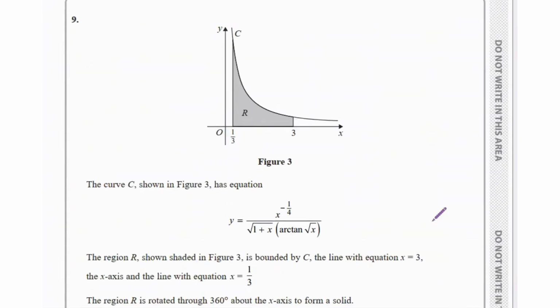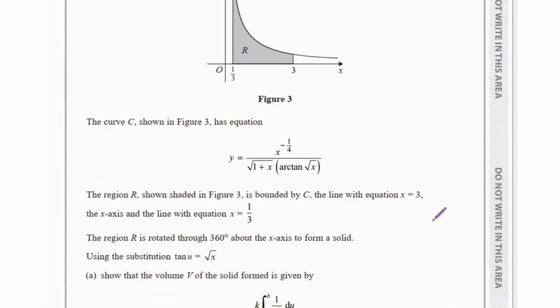Then it says the curve C shown in figure 3 has equation y equals x to the power of negative 1/4 divided by root of 1 plus x times arctan root of x. The region R shown in figure 3 is bounded by C, the line with equation x equals 3, the x-axis and the line with equation x equals 1 over 3.